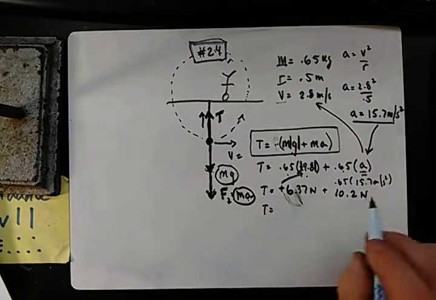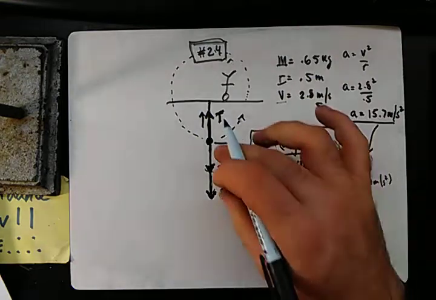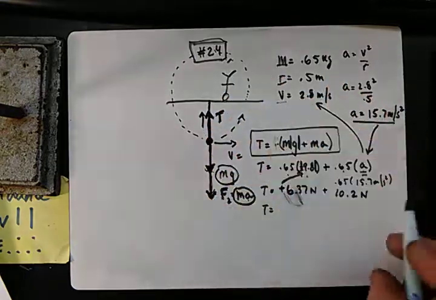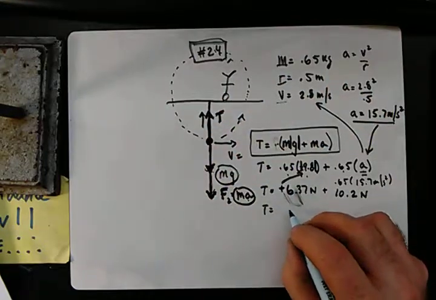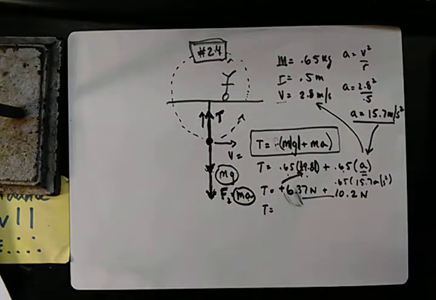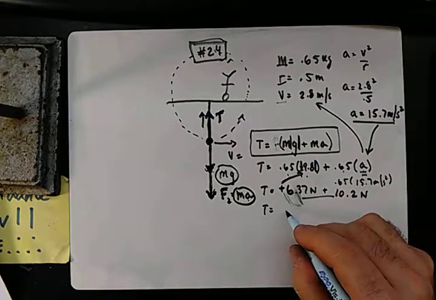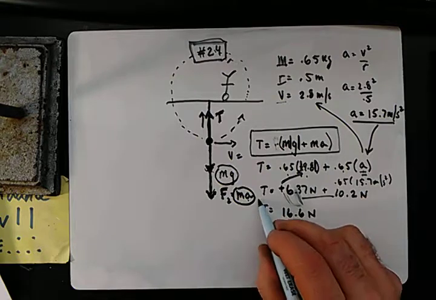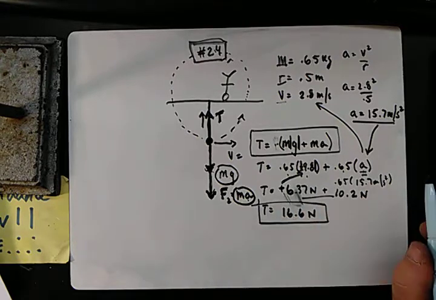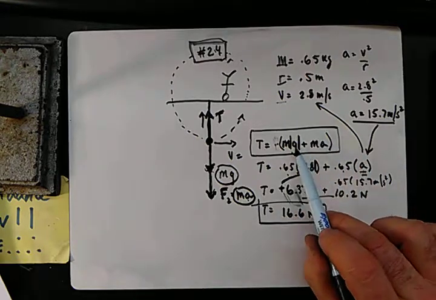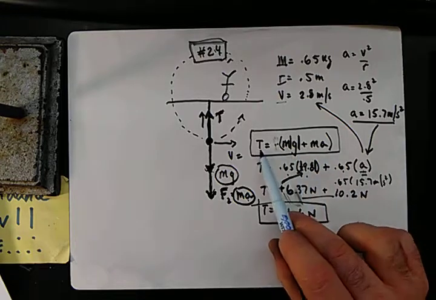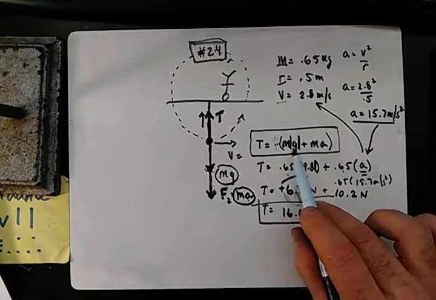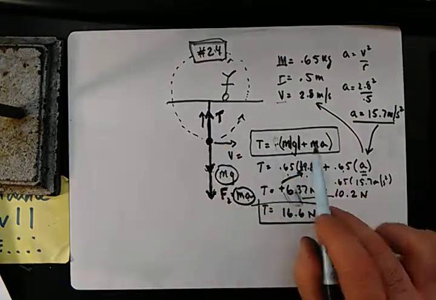So the tension in the string, because we've got gravity working and we've also got acceleration of the object working, is going to be these two added up. Okay, the tension in the string is 16.6 newtons. Now that is an exception to our rule for gravity. So if you were to use this formula for anything downward, it would work for finding the tension.